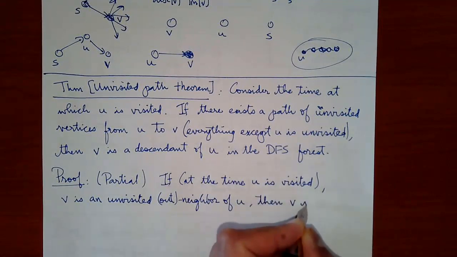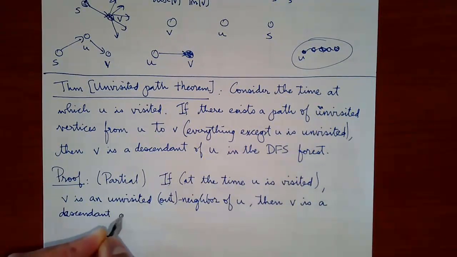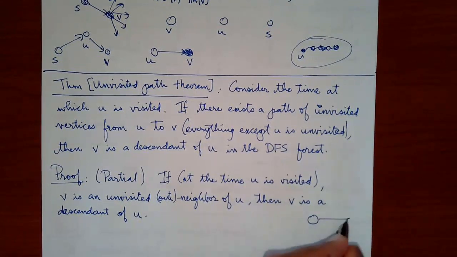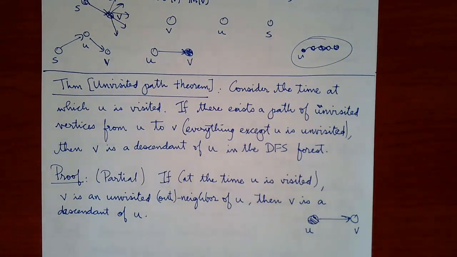Then V is a descendant of U. Okay, this is simply saying that suppose U gets visited, and V is a neighbor, and V has not been visited at the time U is visited, then V is going to become a descendant of U.